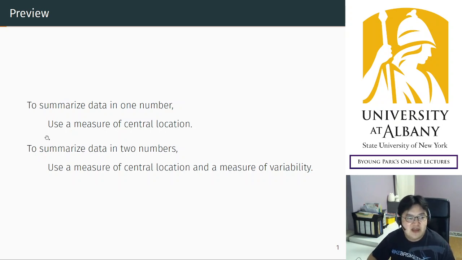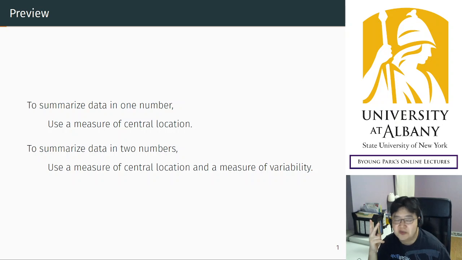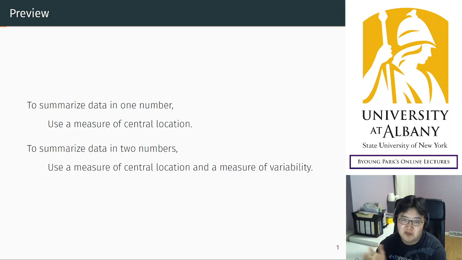So first, if you want to summarize some data with one number, then you can use a measure of central location, the mean, which we learned in the earlier chapter, chapter 3. But if you want to summarize data in two numbers, which will be a better summary, it contains more information, then you can use a measure of center and a measure of variability.